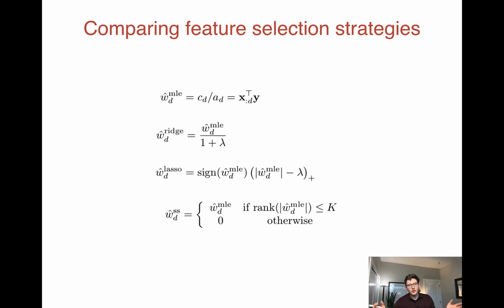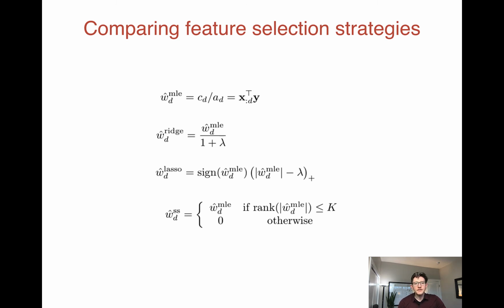I just wanted to, in one slide, compare those different methods we talked about with regard to how they might do feature selection. Let's look first at just our unregularized maximum likelihood estimate. That sets our W's to this ratio we saw before, CD over AD. Again, those are defined on that previous slide.